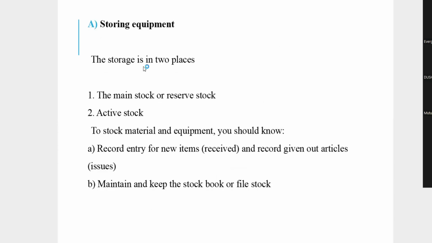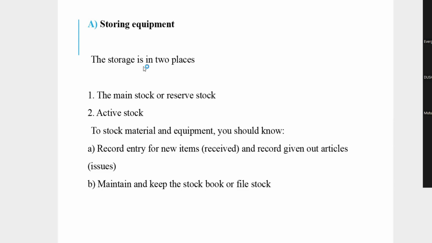According to storage, in healthcare facilities or in hospitals, we have the main stock, where you will find the stock combining all medication, consumables, and medical equipment. New items, you have to stock those as new or non-used.